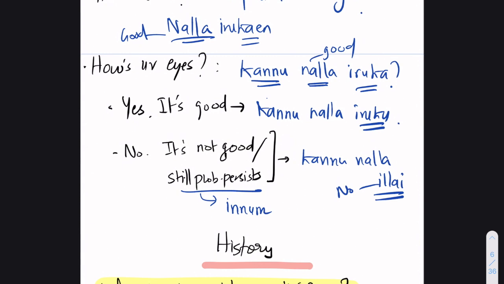Problem means tondaravu. Innum tondaravu irukku. Innum means still. Irukku means there. As you can see, irukka, irukku is a very commonly used ending word in Tamil. So just know that. Still problem persists: innum tondaravu irukku.